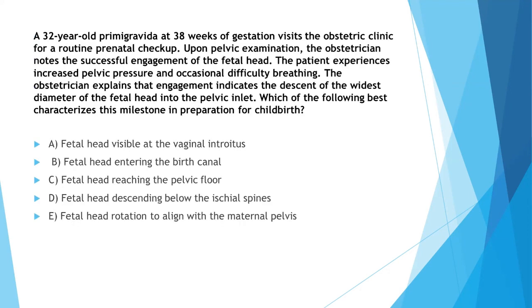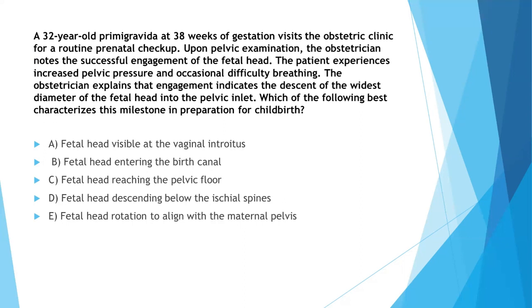So, which of the following best characterizes the milestone in preparation for childbirth? A 32-year-old primigravida at 38 weeks of gestation visits the obstetric clinic for a routine prenatal checkup. Upon pelvic examination, the obstetrician notes the successful engagement of the fetal head, and the patient experiences increased pelvic pressure and occasional difficulty in breathing.